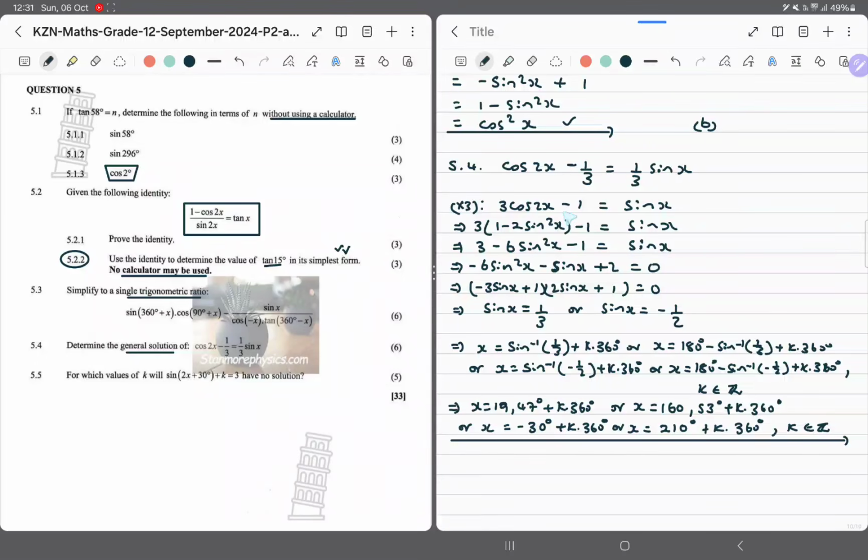So every time we use identities, guys, it's a mark. So this one is a mark nicely. That's a mark right there. And then we distribute and get our quadratic in standard format, and we factorize. That's it. And then obviously we are scoring 5 marks here. So that looks a bit rough.